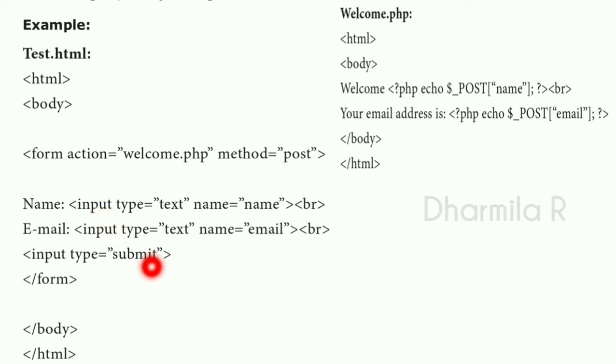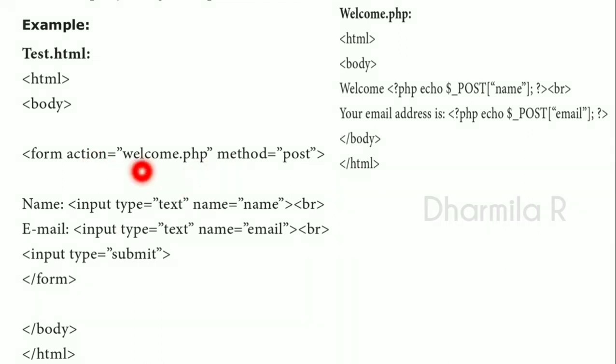And the remote server PHP file welcome.php is mentioned in the form tag under the action attribute. Form is the tag. We have 2 attributes, one is action and the other one is method. So under action we have welcome.php. So let's see what is given in the welcome file.